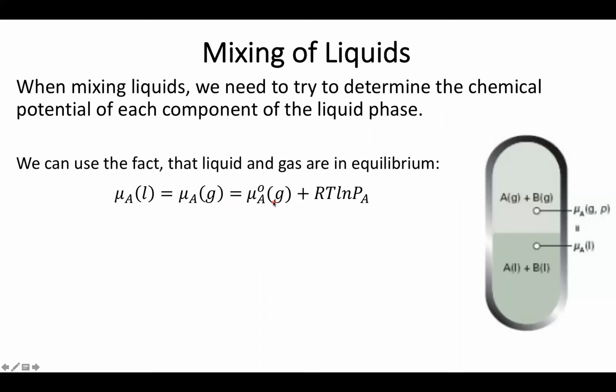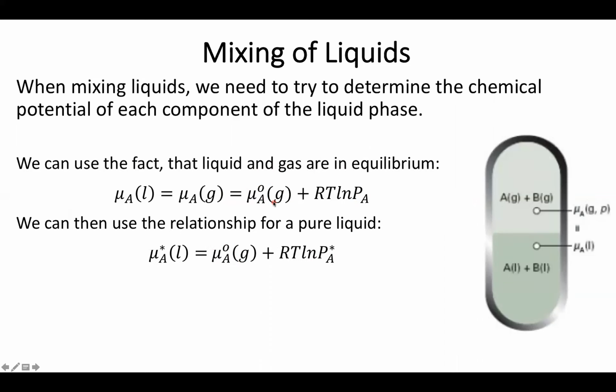Now, in truth, we don't always want to make a relationship to the chemical potential of the gas itself. So let's play around a little bit here and compare the chemical potential of our liquid with the chemical potential of the liquid if it was pure. So again, if there was no secondary component B present. Well, if I ignore the presence of B, then I can do a similar thing.